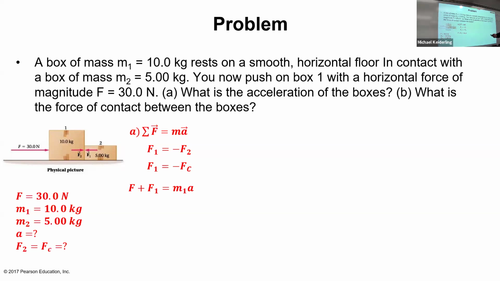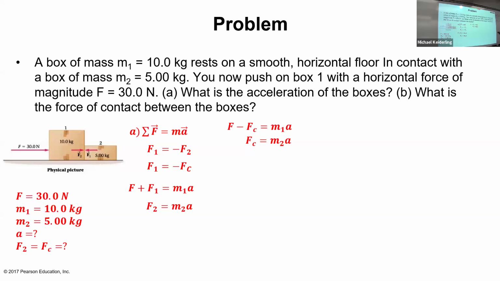Sum of all the forces equals mass times acceleration. And for the second box, force 2 equals mass 2 times acceleration. Now, we can substitute in our knowledge for the contact force in both of these. So force F minus force contact equals mass 1 times acceleration, and force contact equals mass 2 times acceleration.